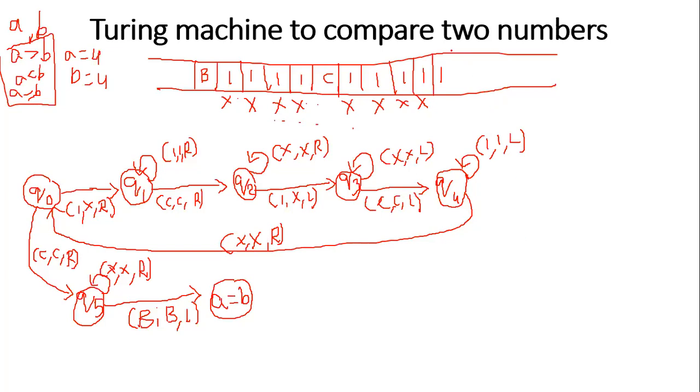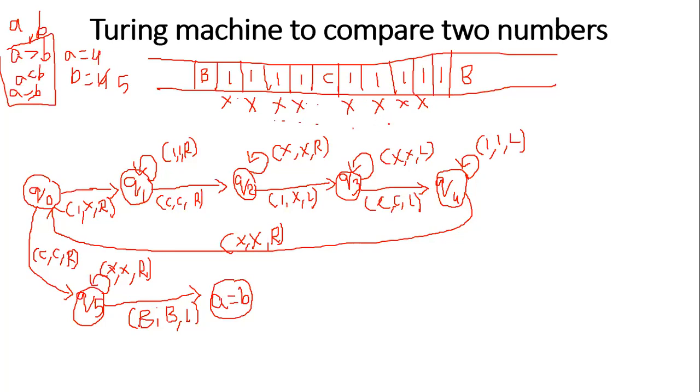The second one is bigger than the first one. Assume that A value is 4 and B value is 5. The 4 ones on the left side are matched with 4 ones on the right hand side. So we matched 4 ones in the left part with 4 ones in the right part.